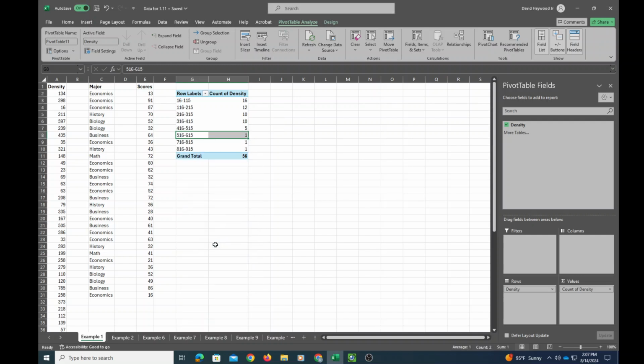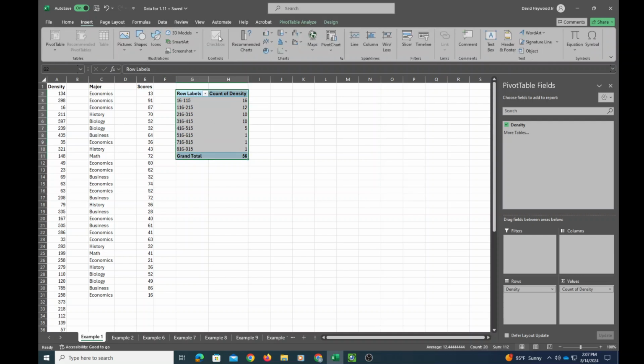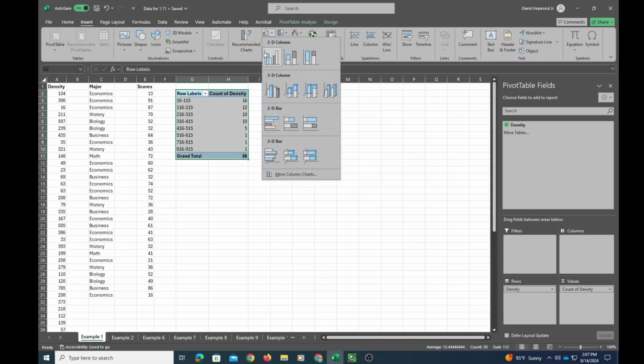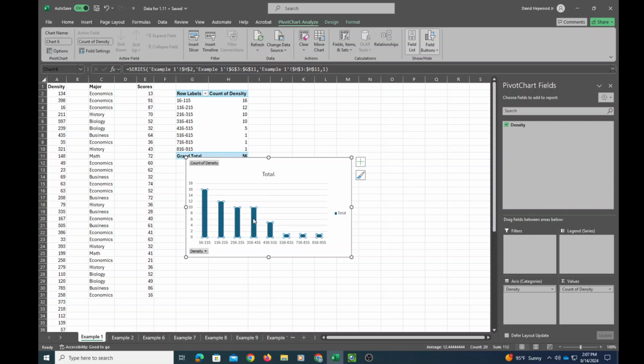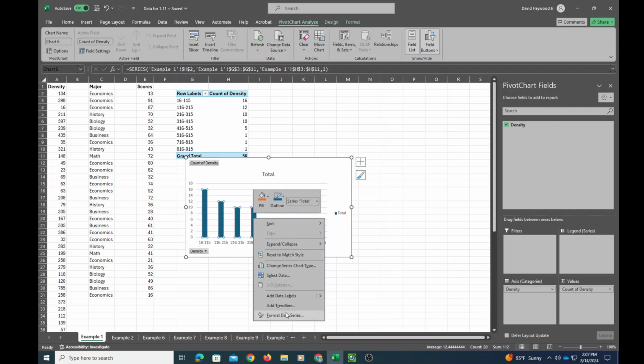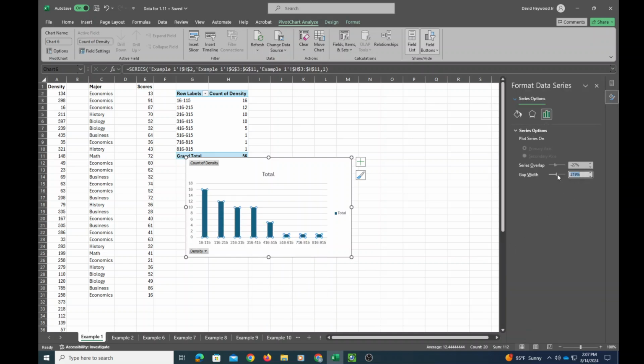I'll just use the default setting that Excel wants to go with. I can select this now and insert a bar chart for it, and I can make it a histogram, I guess, by making those bars wider.